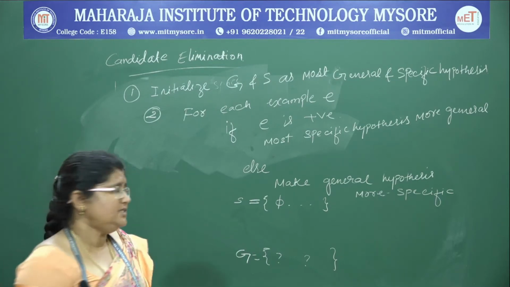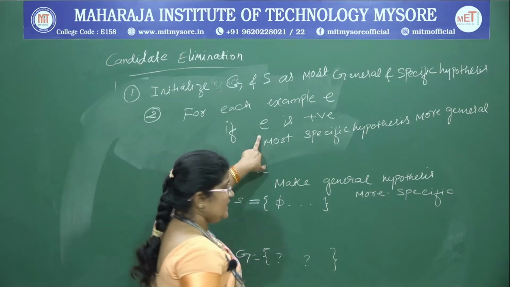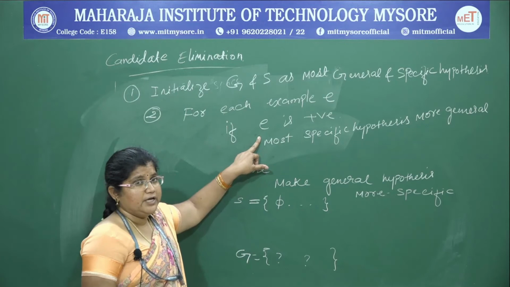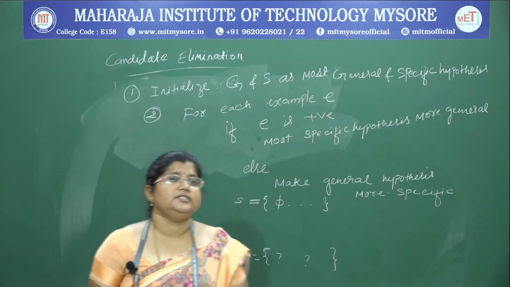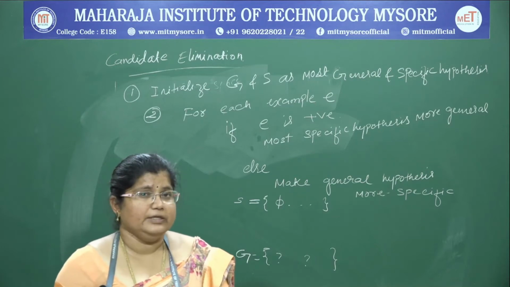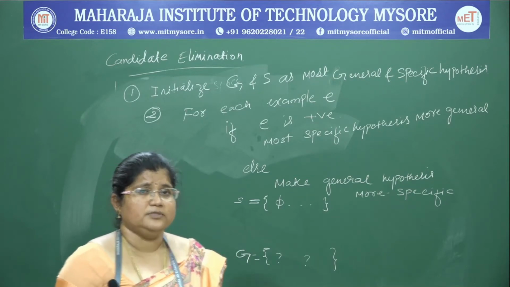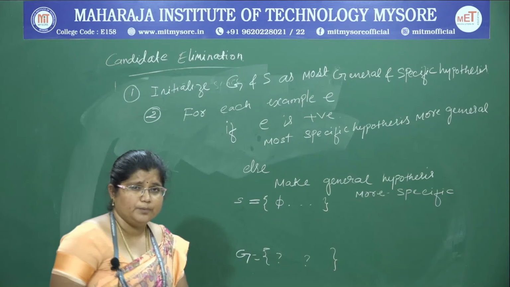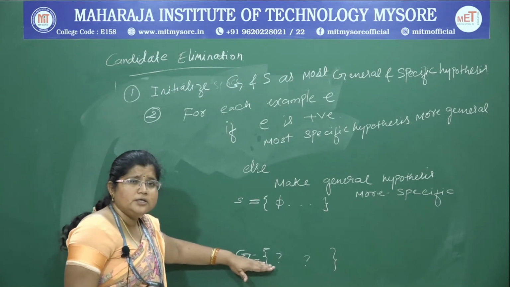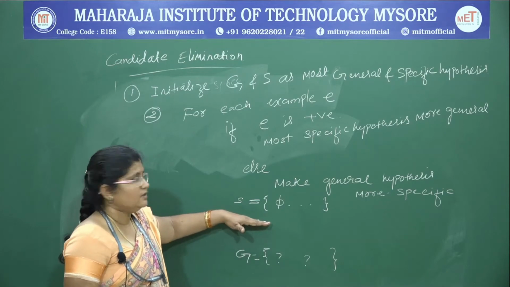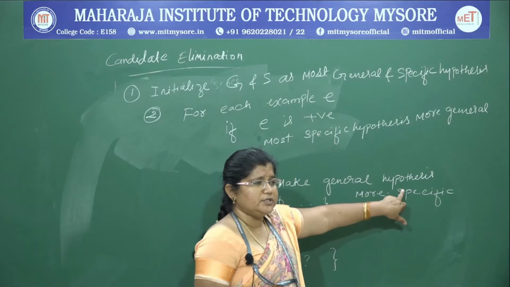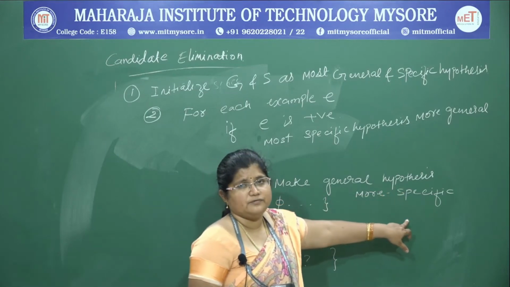Now, the next step is if E, the training example, is not positive, that is, the target concept of a particular training example is negative. During that time, we should move from generalized to specific, making the generalized hypothesis more specific.